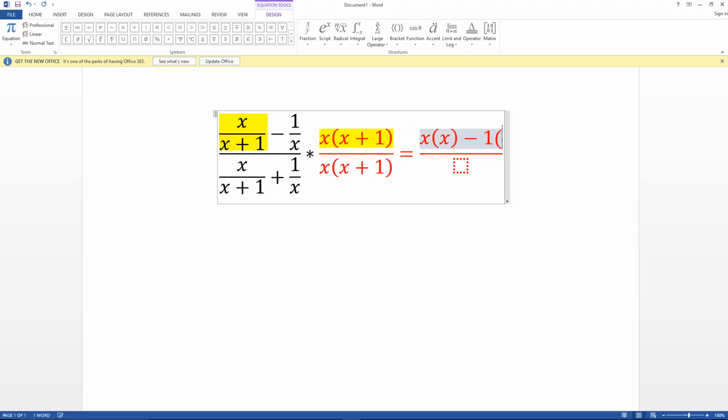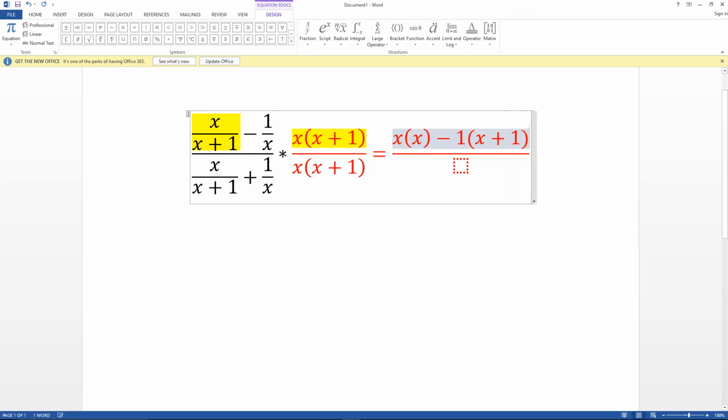Times what else did it leave you with? It left you with x plus 1. Right. So in other words, the x plus 1 was what was left over, and this 1 is from the numerator. You got that? Yes, sir.